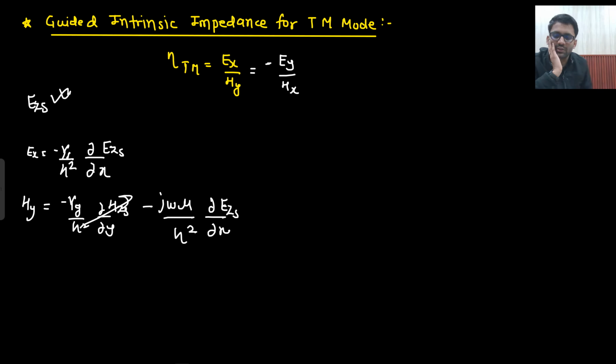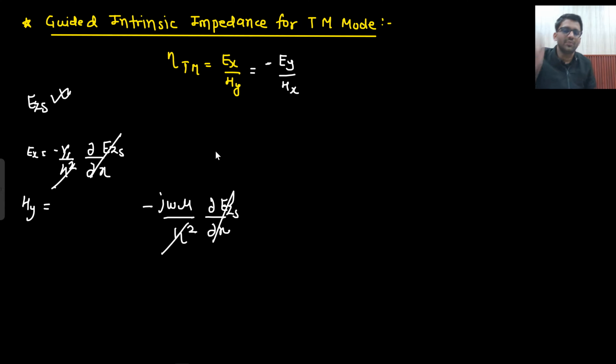So this will be going towards 0 only, so forget about it. When you take the ratios, this and this will get cancelled, h square will get cancelled, so you are left with gamma g upon j omega mu.